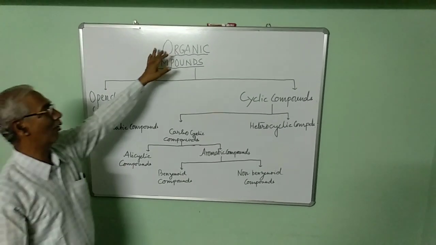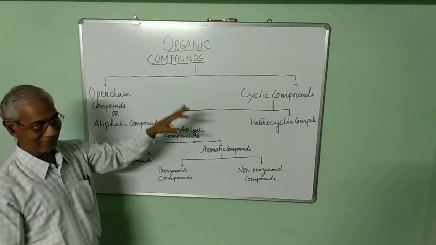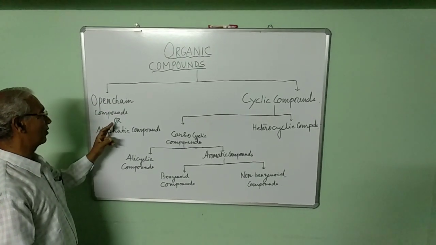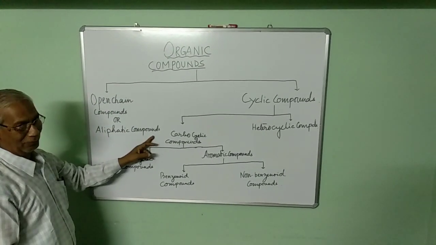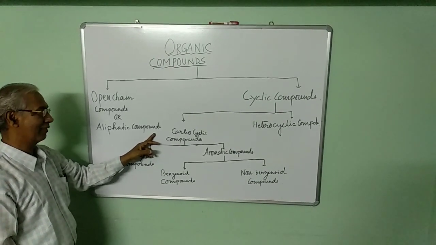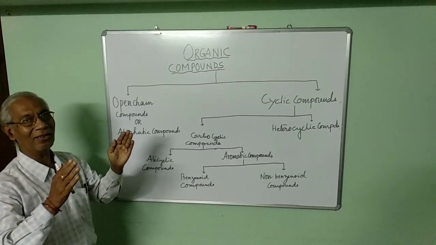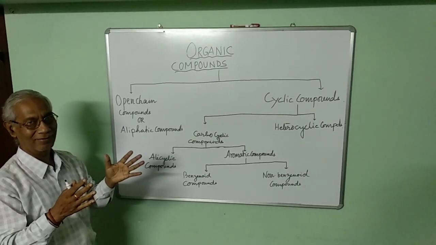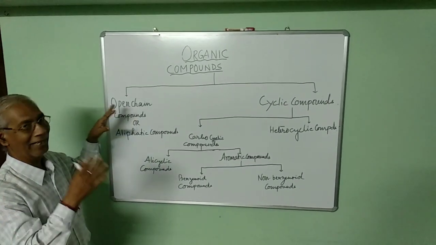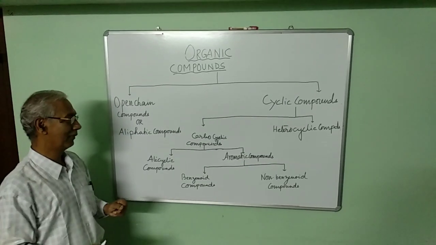You see, organic compounds are first classified into two classes. One is open chain compounds or aliphatic compounds. Open chain compounds or aliphatic compounds mean the heads of the carbon chain are open, maybe branched, but all heads in the chain are open.